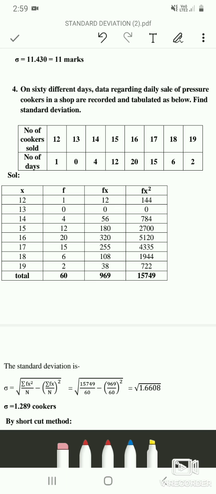Find the standard deviation. They have given the number of cookers sold and the number of days. So there are 12 cookers sold in one day, 13, and so on till 19 cookers. So this is your x and this is your f.